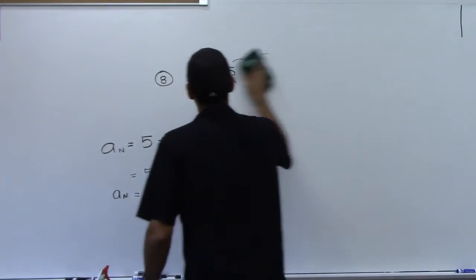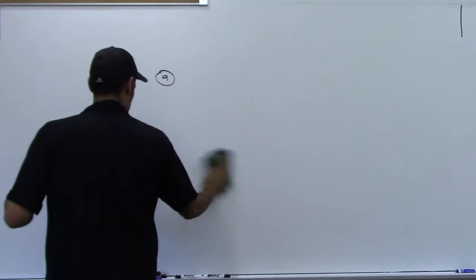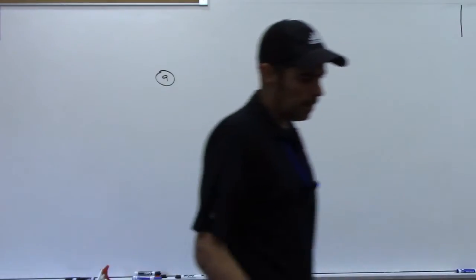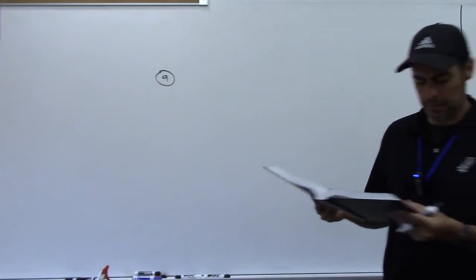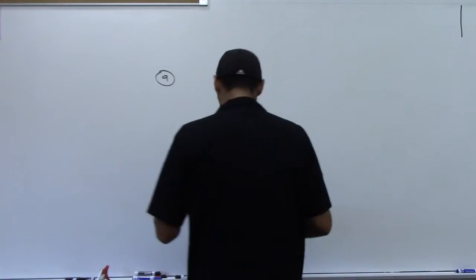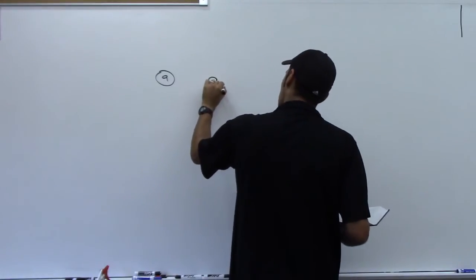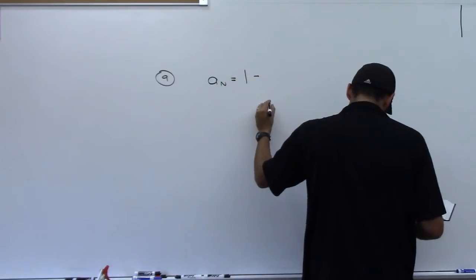All right, number 9. For these, we want to figure out if these sequences converge or diverge. And if they converge, we're supposed to find out what they converge to.